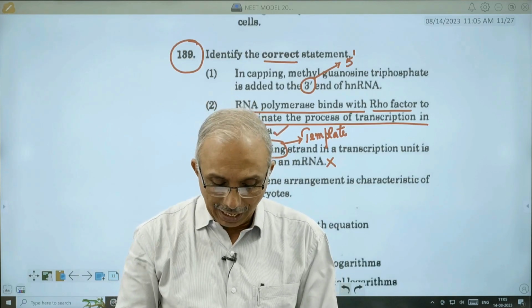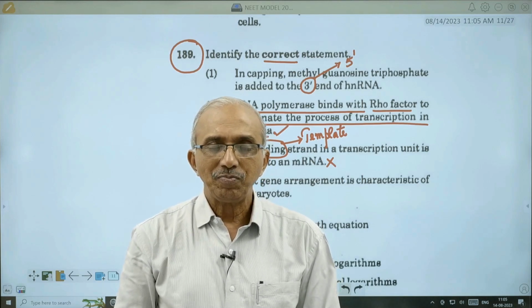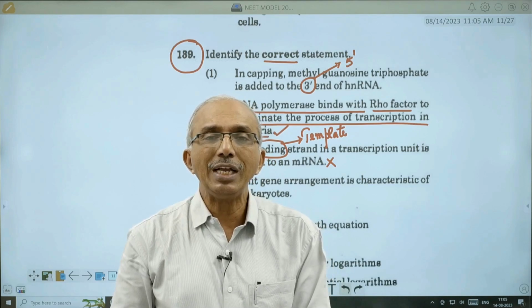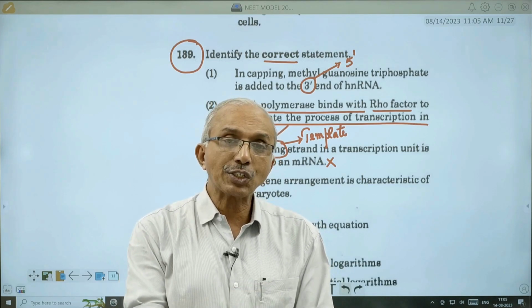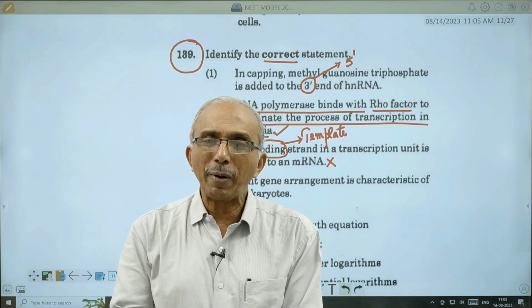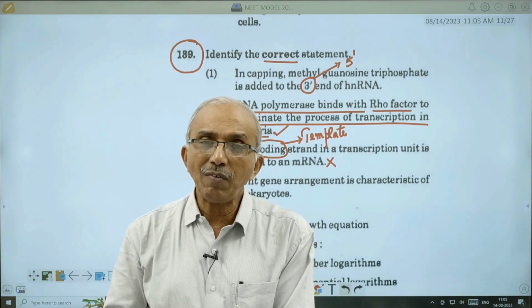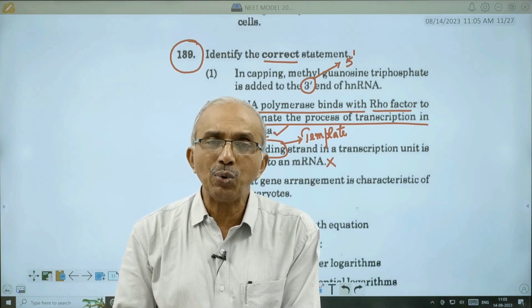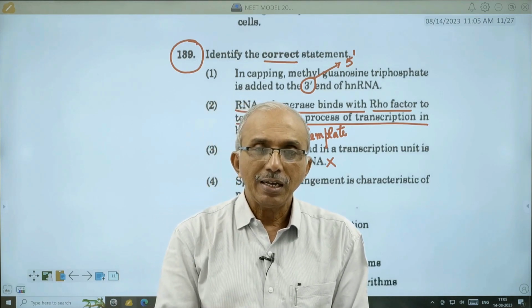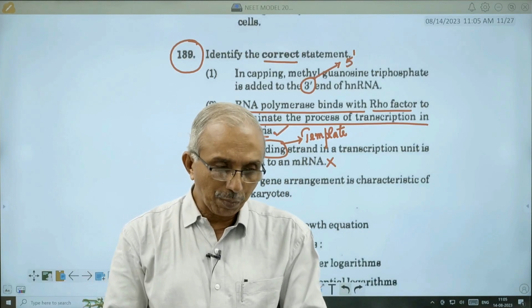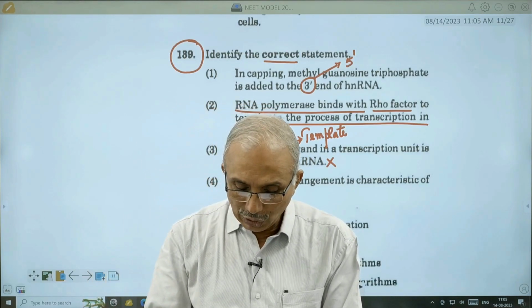Nothing is produced from the coding strand. The RNA will be complementary to the template strand.